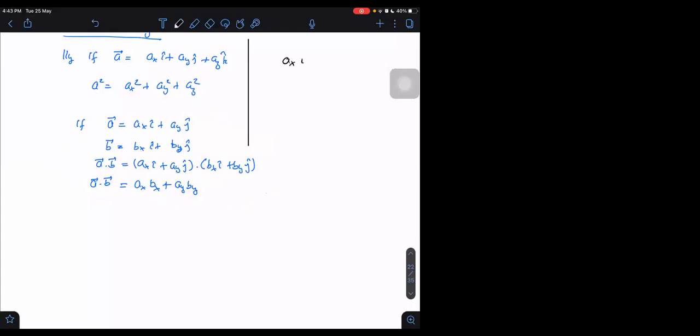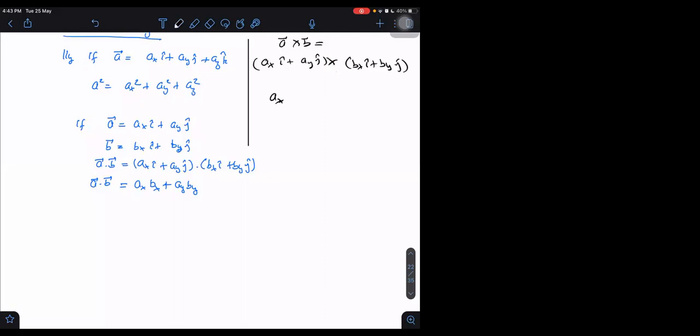If it is given ax I cap plus ay j cap cross bx I cap plus by j cap, can you tell me what is the cross product result finally? A square x plus a square y. No. It is cross product. It is different and that is different. Sorry.